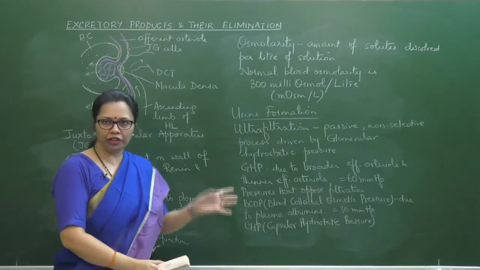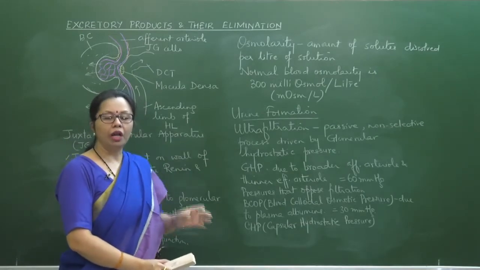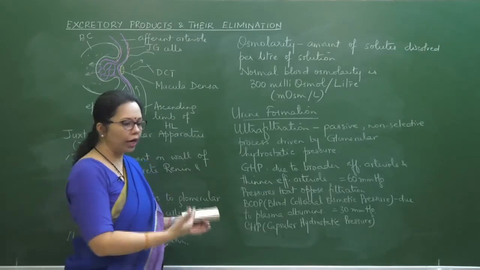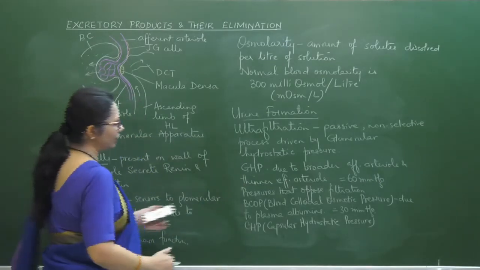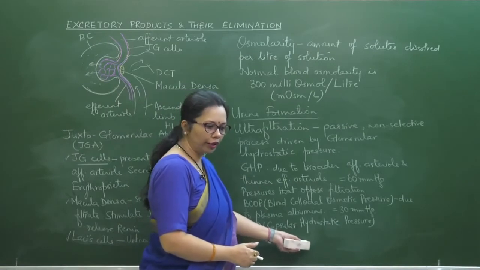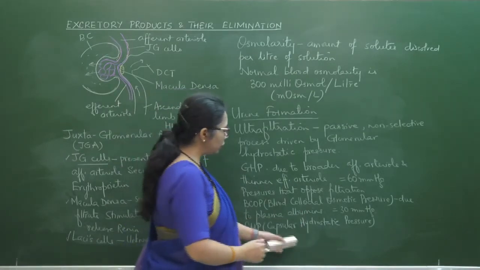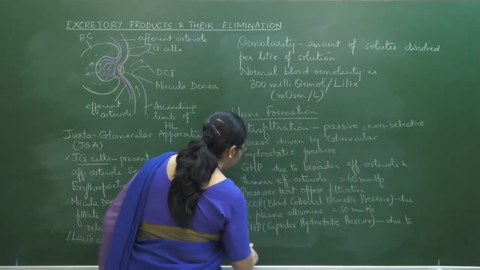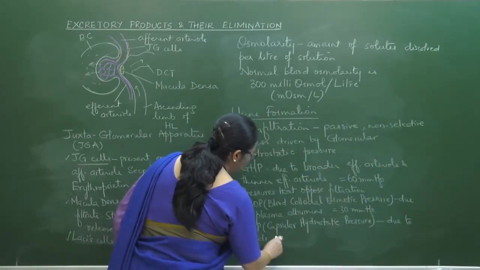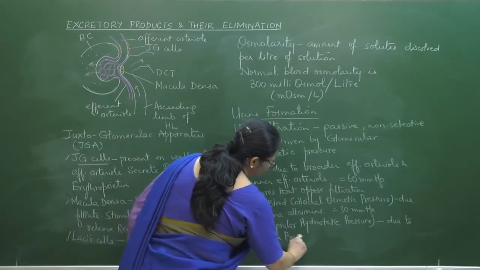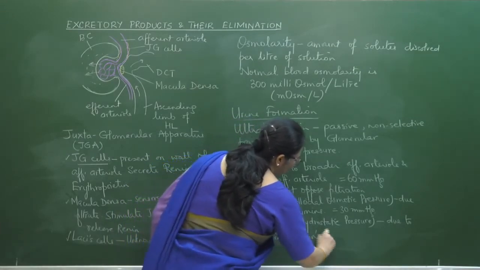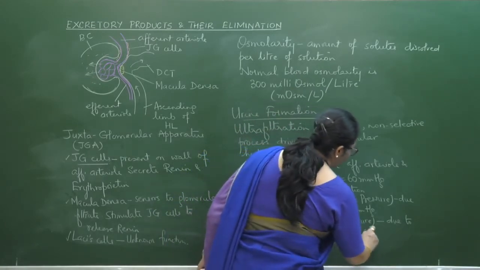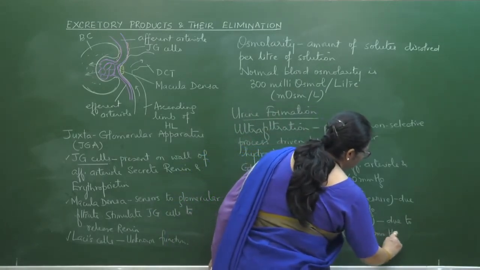As I told you, there is never any vacuum, there is some fluid here, and that fluid will not allow more fluid to come into it unless it has moved ahead into the PCT, right? So that is the capsular hydrostatic pressure. This is due to fluid already present in Bowman's capsule, right? And this pressure is of the order of 20 mm of mercury.